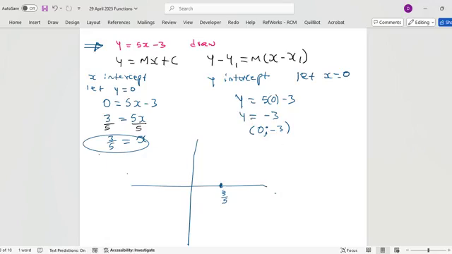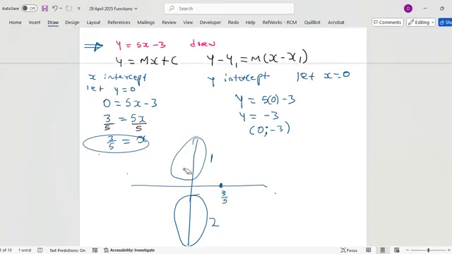Okay, and then we also said y is negative 3. Y is negative 3 on this side, number 1, or y is negative 3 on this side, number 2? Where is y negative 3? Is it on number 1 or on number 2? Number 2. Okay, on number 2, that is the side where y is equal to negative.